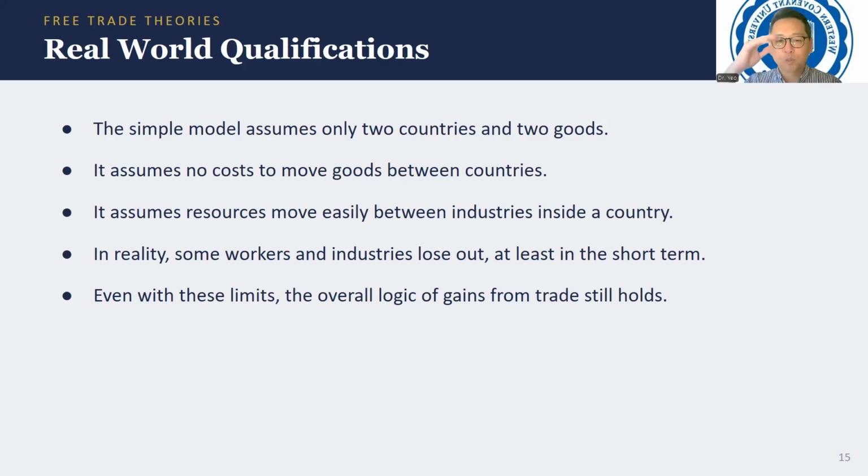So the unemployment rate will increase dramatically, very quickly. Still, even with these limitations, the core insight remains powerful. Overall, free trade tends to increase total wealth, even if the wealth is not always shared equally right away.